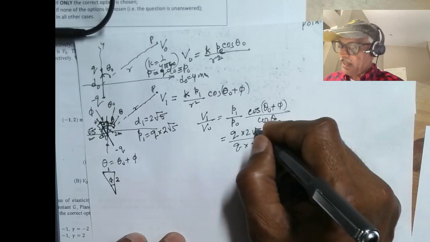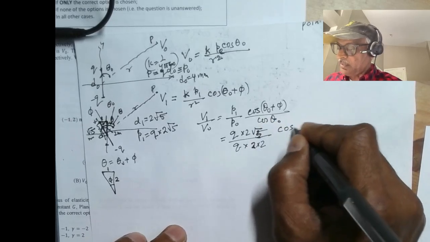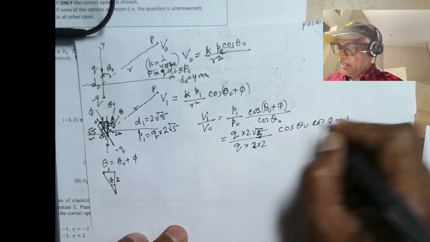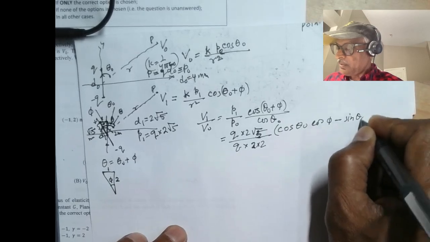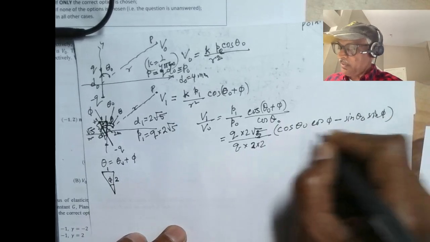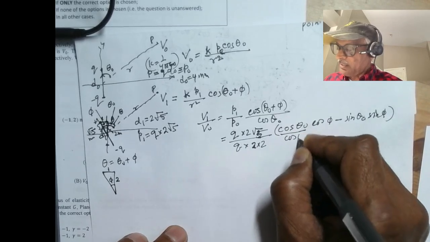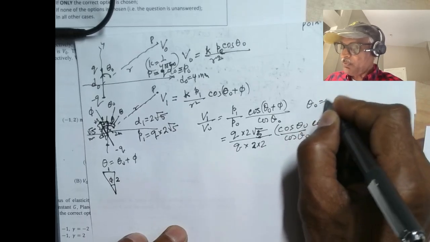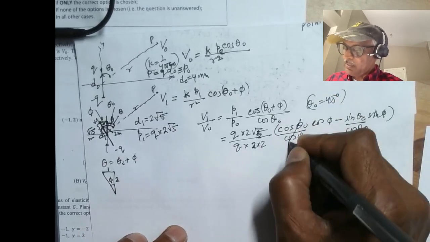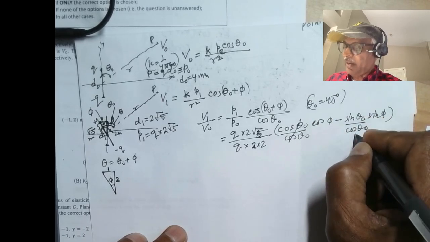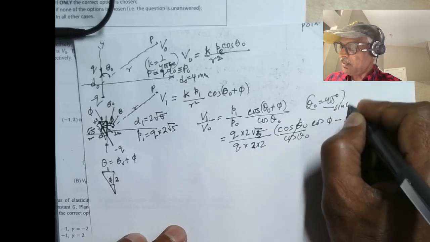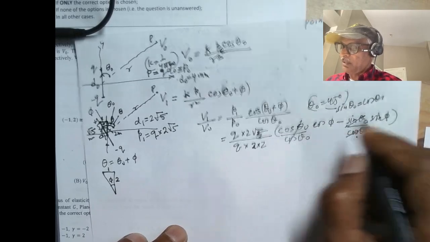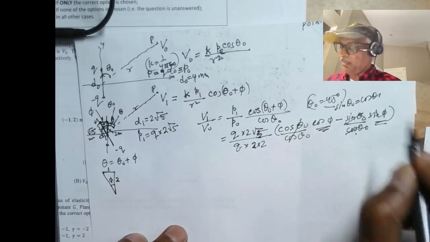Okay. And then this is cosine theta 0 cosine phi minus sine theta 0 sine phi divided by cosine theta 0. But theta 0 is 45 degrees, so sine theta 0 is equal to cosine theta 0, so this cancels that. So I just need a difference of cosine phi minus sine phi.